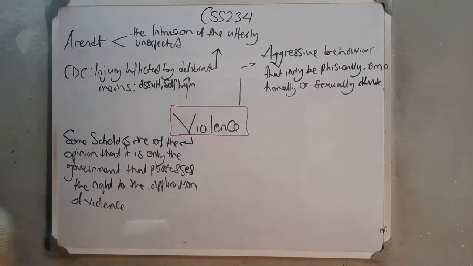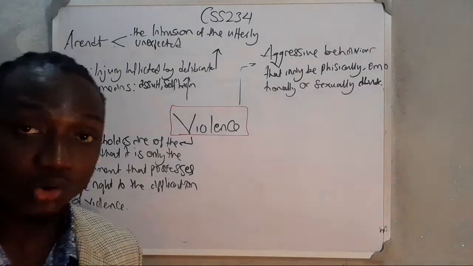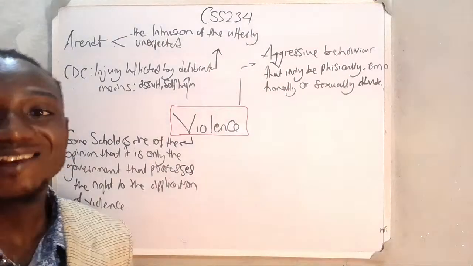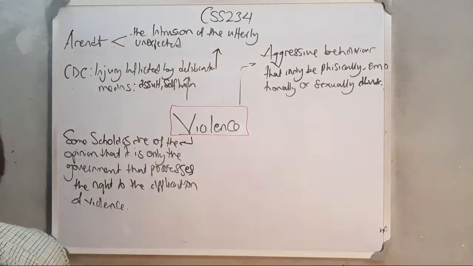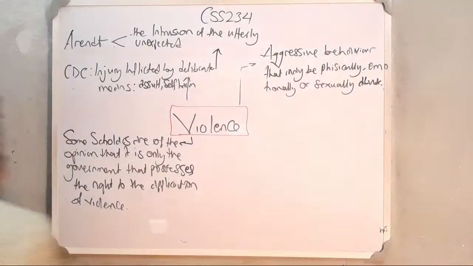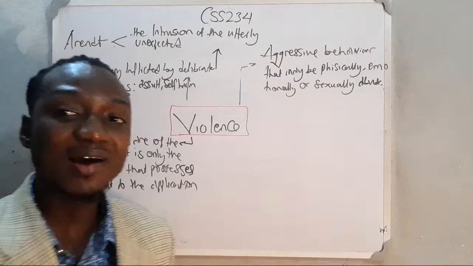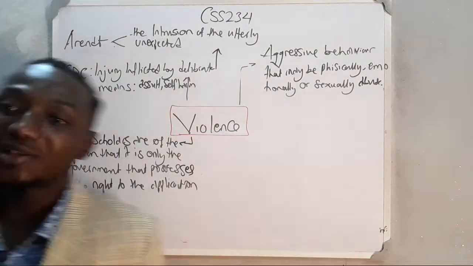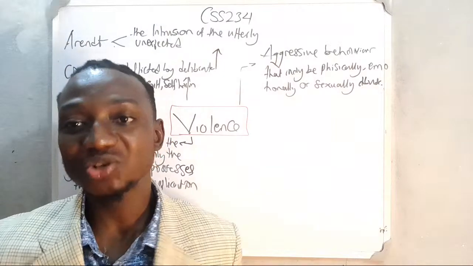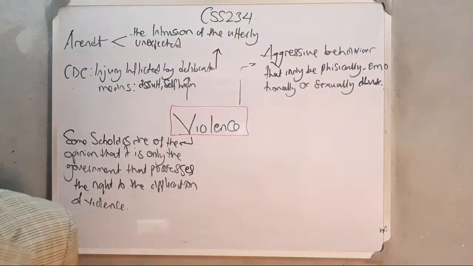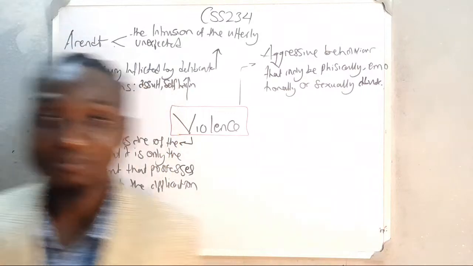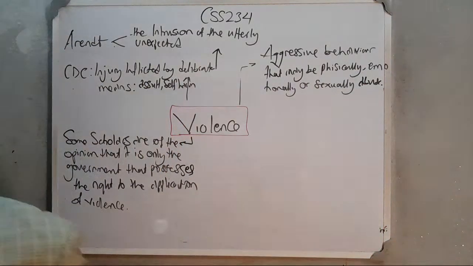So it is true that it is only governments under the law that are justified to use violence, and it depends on what the situation warrants. Since it's not a dictatorship or a tyrant in power, there are situations that warrant violence. It's not in all situations.